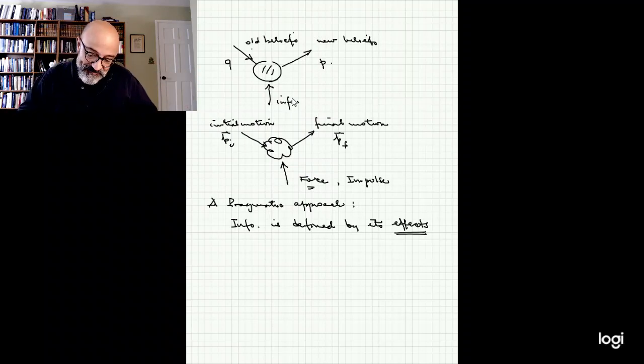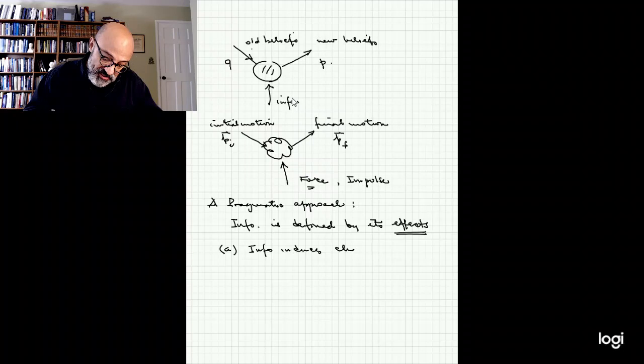Okay, that's very Bayesian. But let's go here. What are the effects? One, it changes probabilities. So information induces changes of probability.